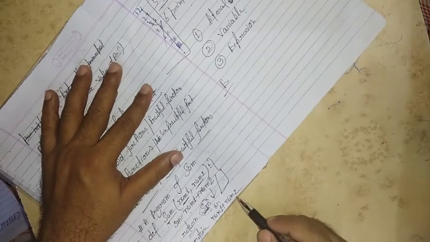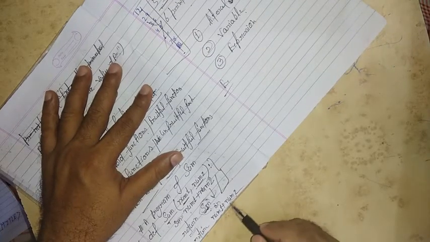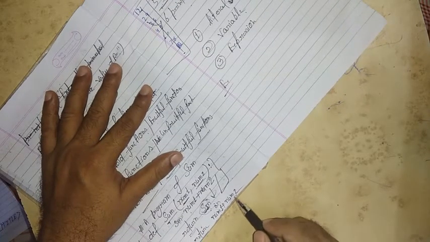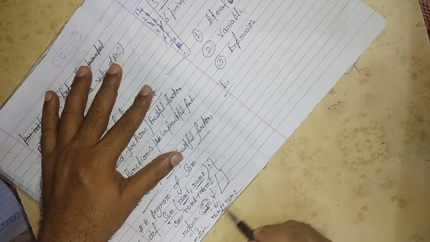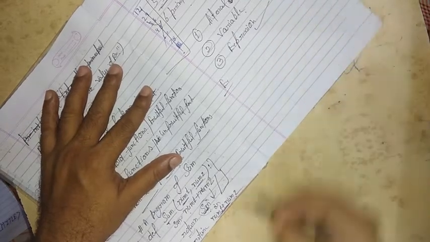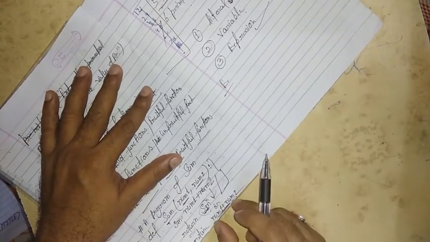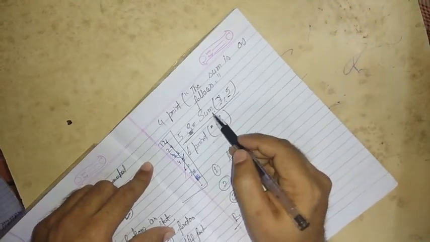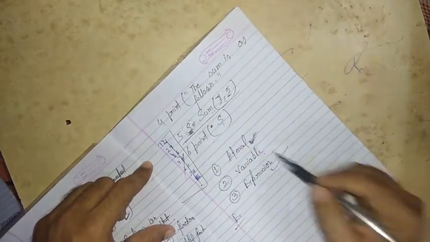Here this statement returns a value which is an expression, num1 plus num2. That value will be added and returned to this statement, and from this statement it will be stored in this variable.